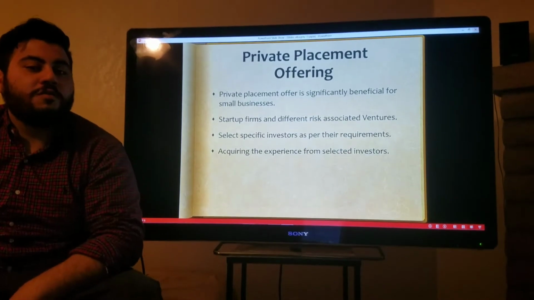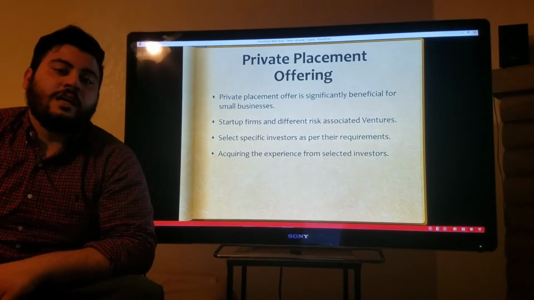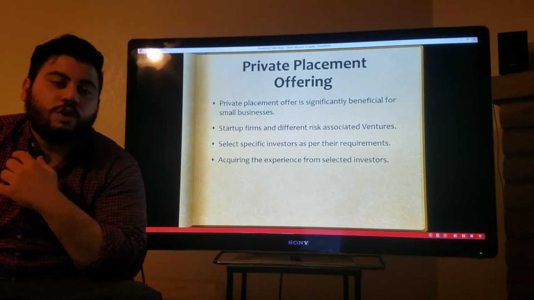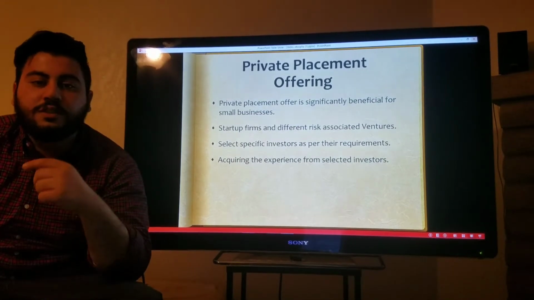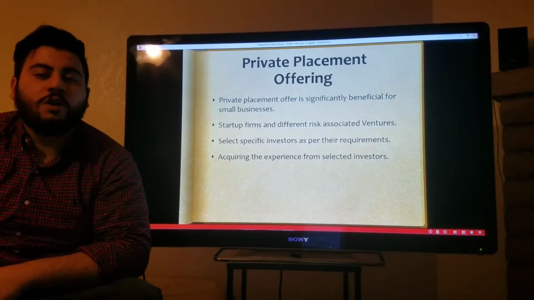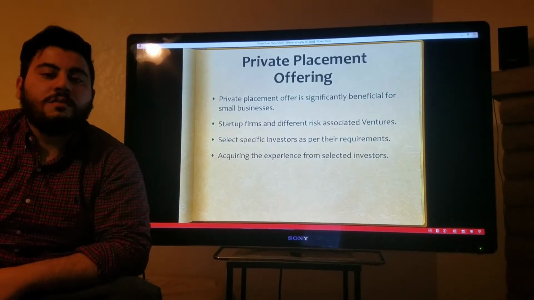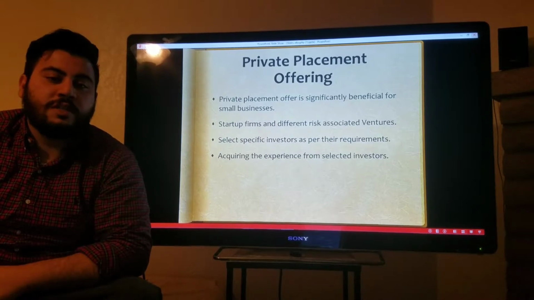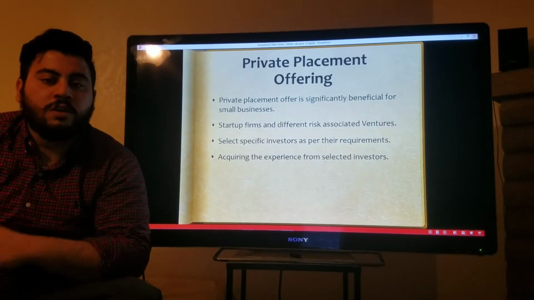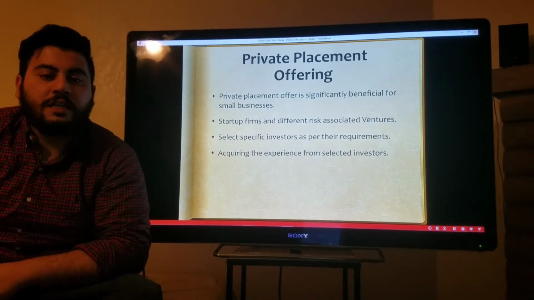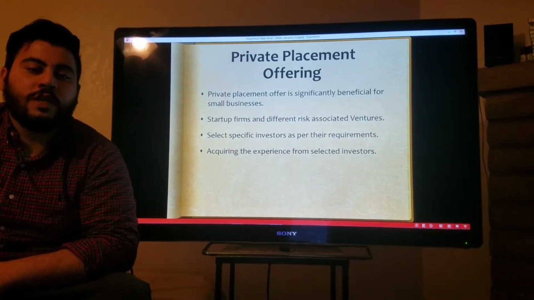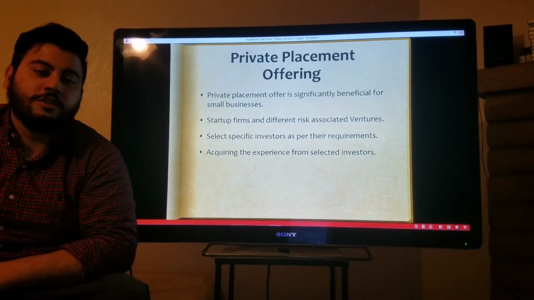Private placement offering is significantly important for small businesses as it helps to raise capital for small businesses with fewer expenses. Private placement offering is best suitable for startup firms and in order to raise capital for risk associated ventures.